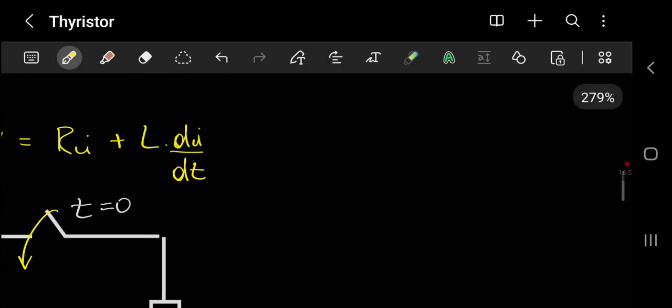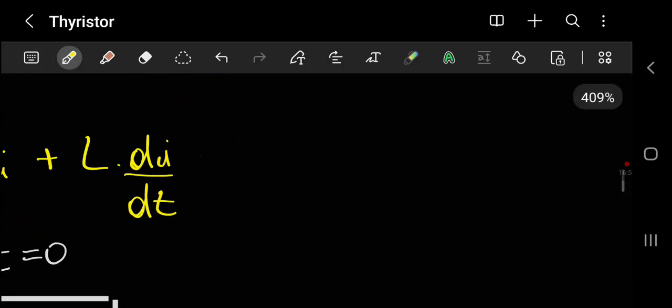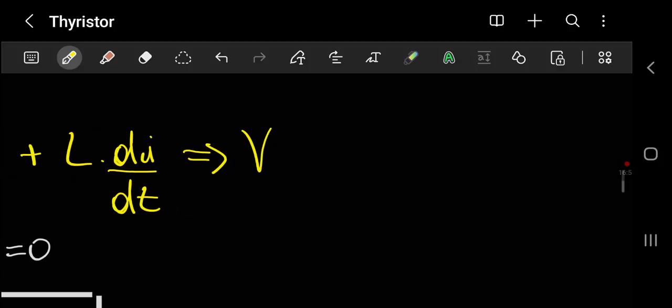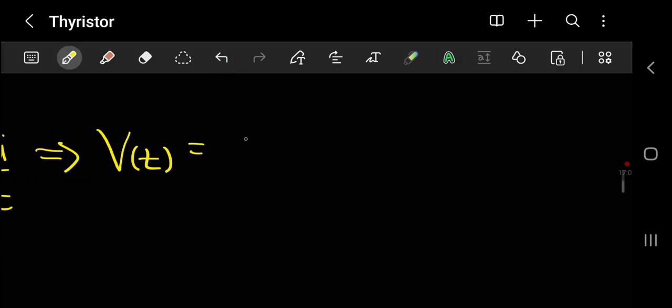So we're going to have this now with a time base: v of t, which is equal to the circuit equation, with i of t.